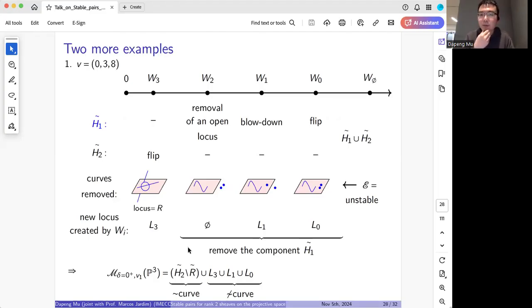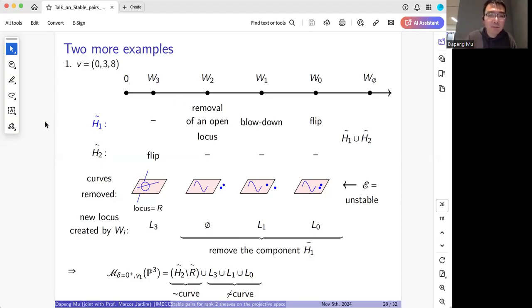I guess I still have a few minutes, so let me briefly say something about two more applications. We figured out the entire wall crossing picture for this class 038, and as you see, this is a bit more complicated than the previous one I showed you, the 010, and there are altogether 1, 2, 3, 4 wall crossings. I'm going to emphasize two things.